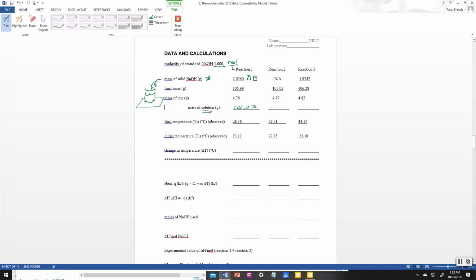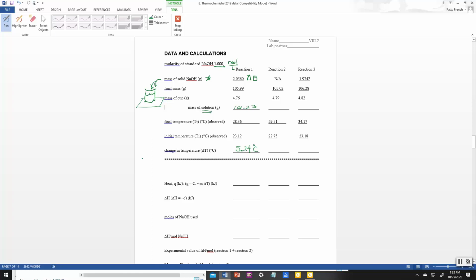Well, during the time that we put that NaOH in and before we did the final massing, we watched the temperature change and we recorded it. The initial temperature that was recorded was 23.12 degrees Celsius. The final temperature was 28.36 degrees Celsius. So the change in temperature that this particular run got was 5.24 degrees Celsius.